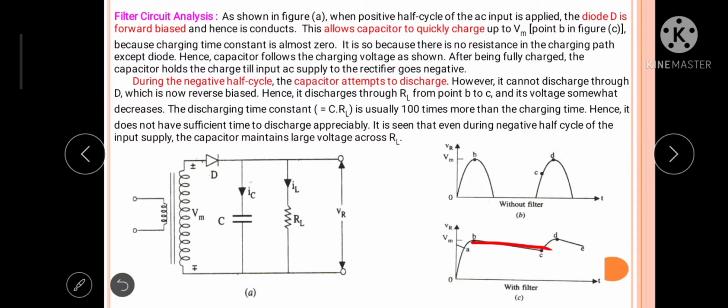Hence, it does not have sufficient time to discharge appreciably. It is seen that even during the negative half cycle of the input supply, the capacitor maintains a large voltage across the RL.